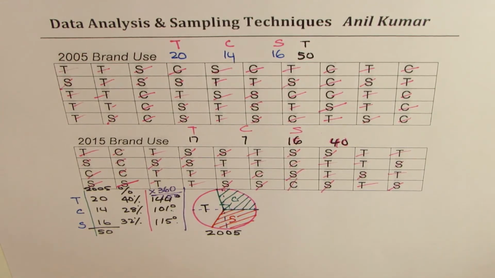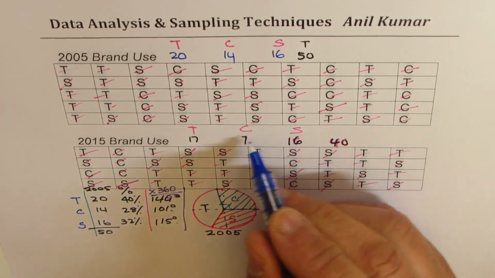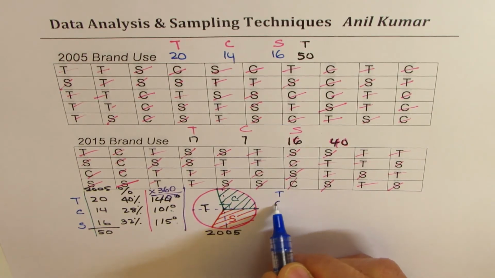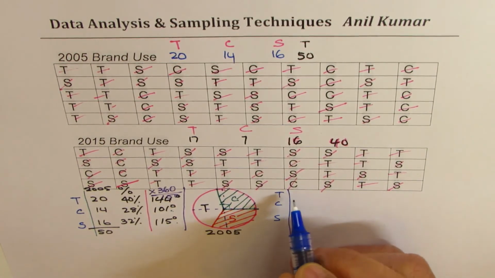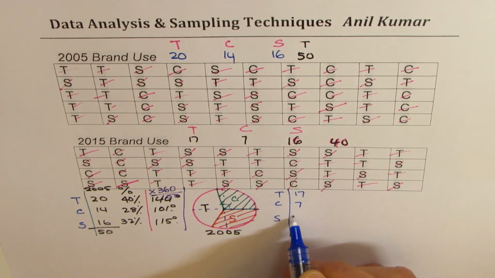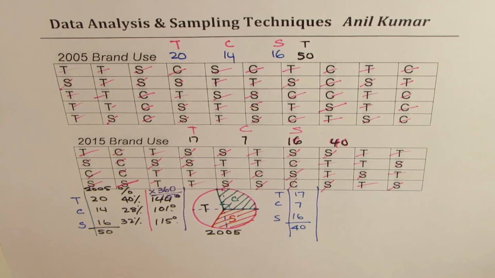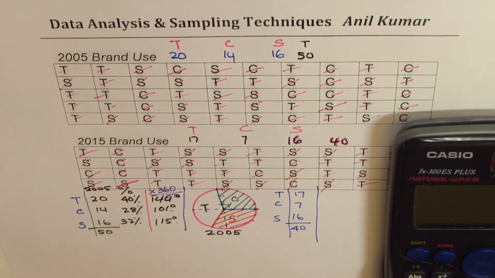So let's construct percentages for the second, which is 2015 brands for TCS. What we observe here is this is 17, this is 7, 16, and all this is from 40. So if I have to write percent, I have to divide by 40 and multiply by 100.